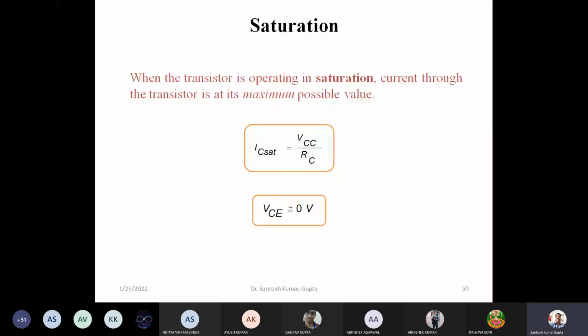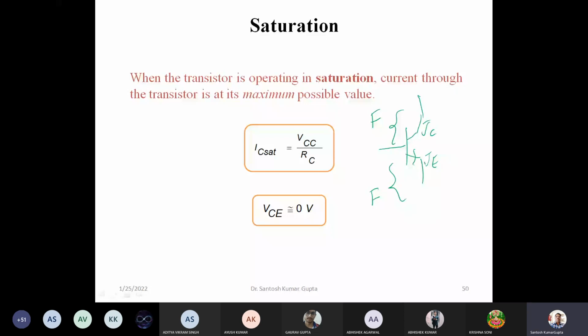However, if it is in saturation, let us revisit here. Suppose a transistor is in saturation, both the junctions are forward biased. Emitter junction as well as collector junction both are forward biased.